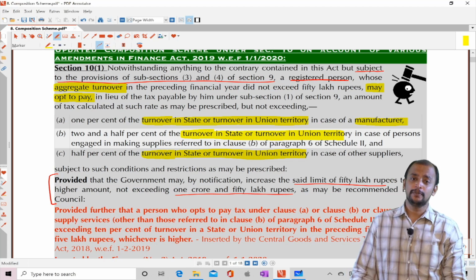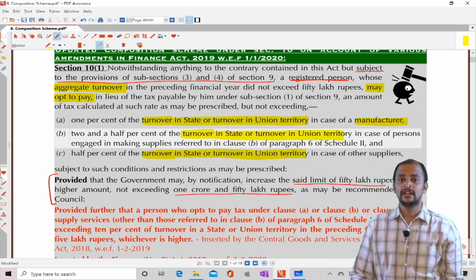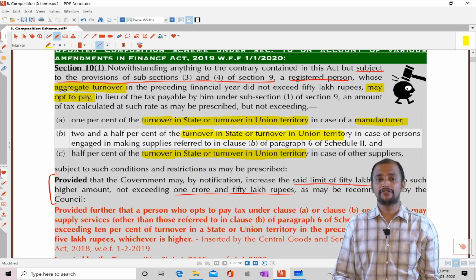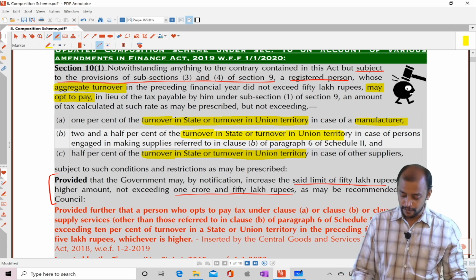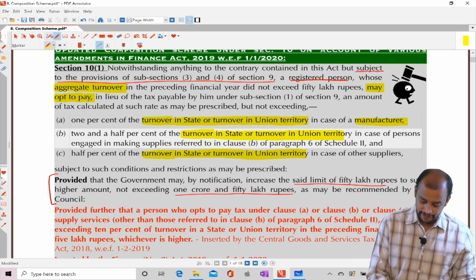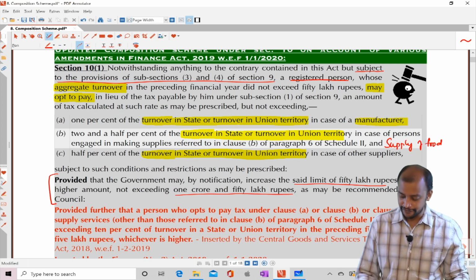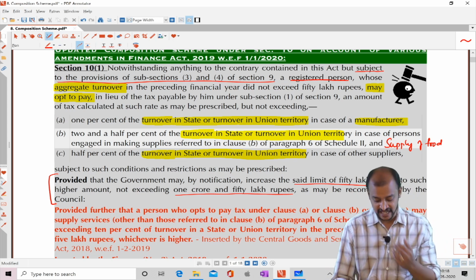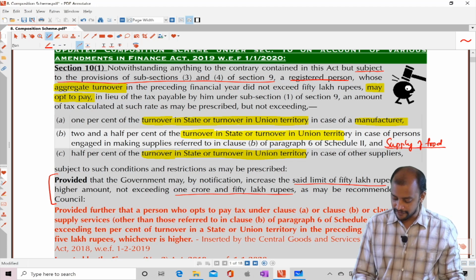In schedule 2 paragraph 6 clause B, supply of food is mentioned. Restaurant service or supply of food, you can remember, service of supply of food, so they can go for composition scheme. So they can opt for composition scheme. In service sector, only one, who is engaged in supply of food.